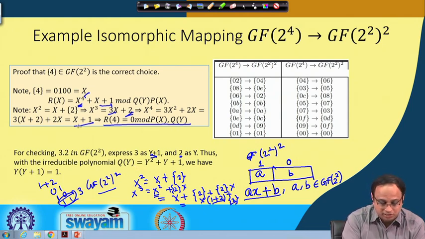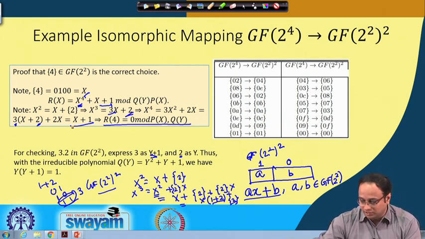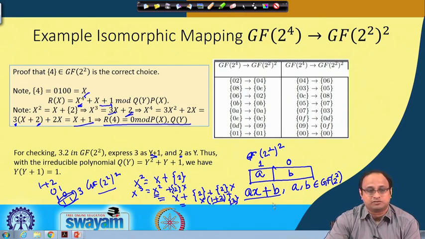So in the final step, I multiplied this 3 with 2 and wrote 1 there, because 3 into 2 in GF(2^2) with this irreducible polynomial is 1. This math has to be done in a careful manner, but if we do that, we should be able to easily verify that this equation is indeed satisfied.